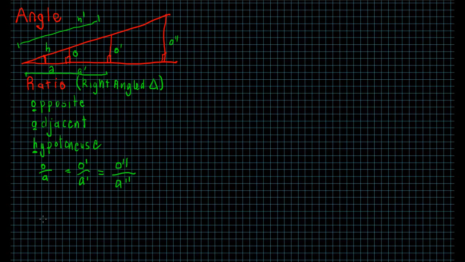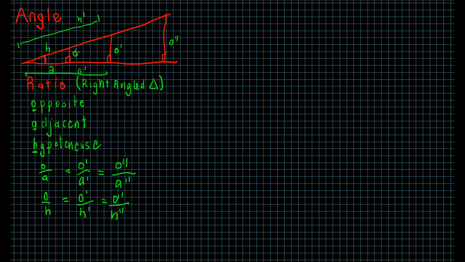And similarly, if we took O over H, that would equal O dash over H dash, and it would equal O double dash over H double dash. So it didn't matter how far away you were from the angle, these ratios were the same.